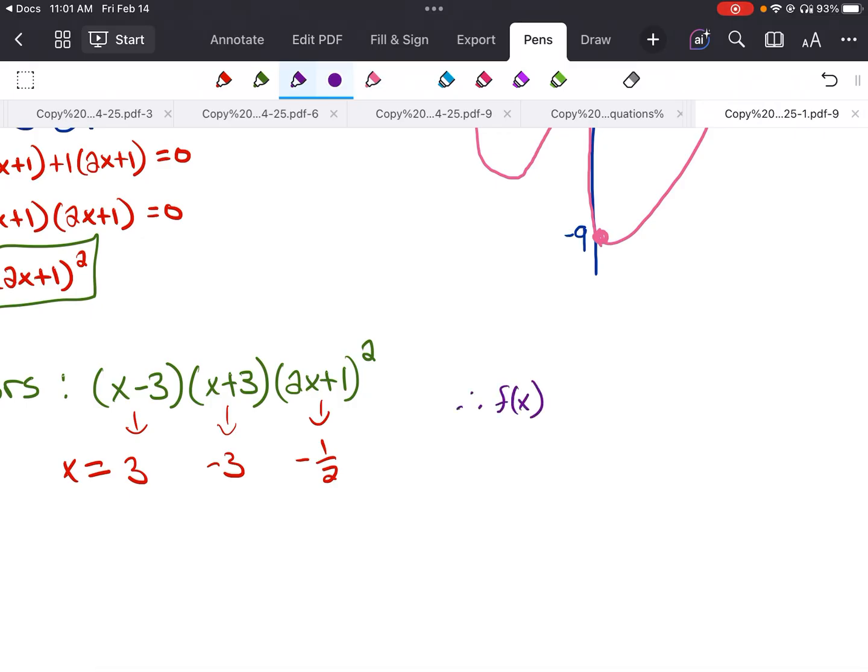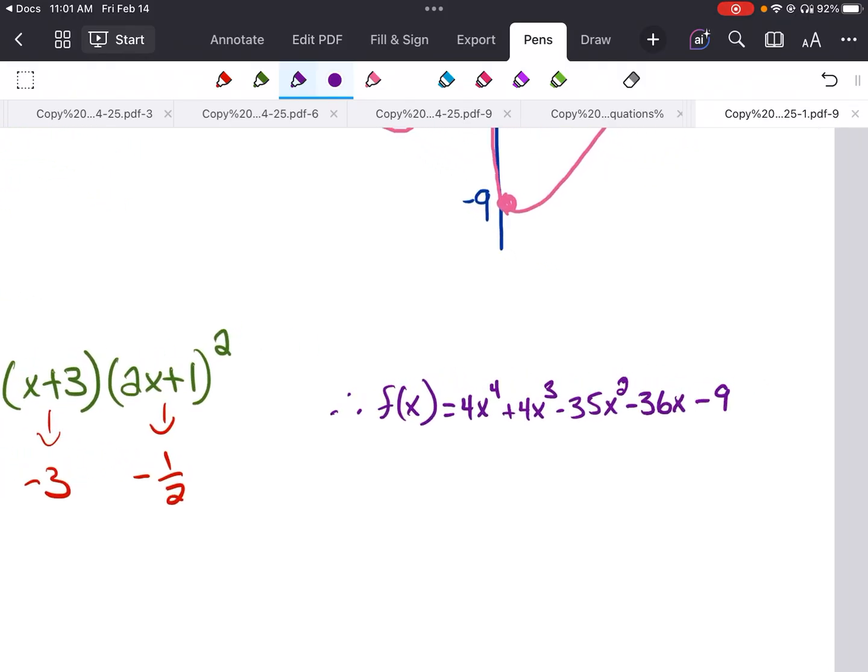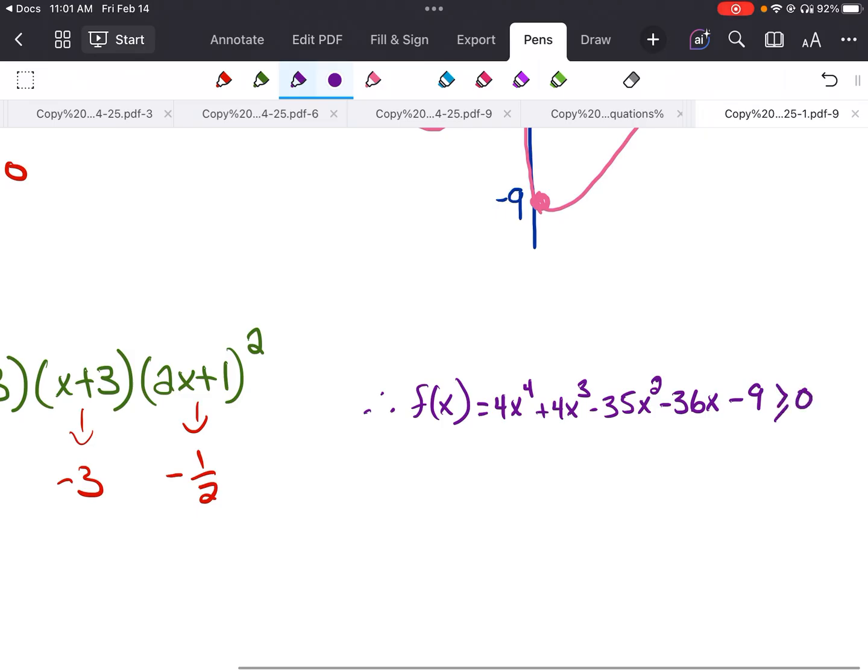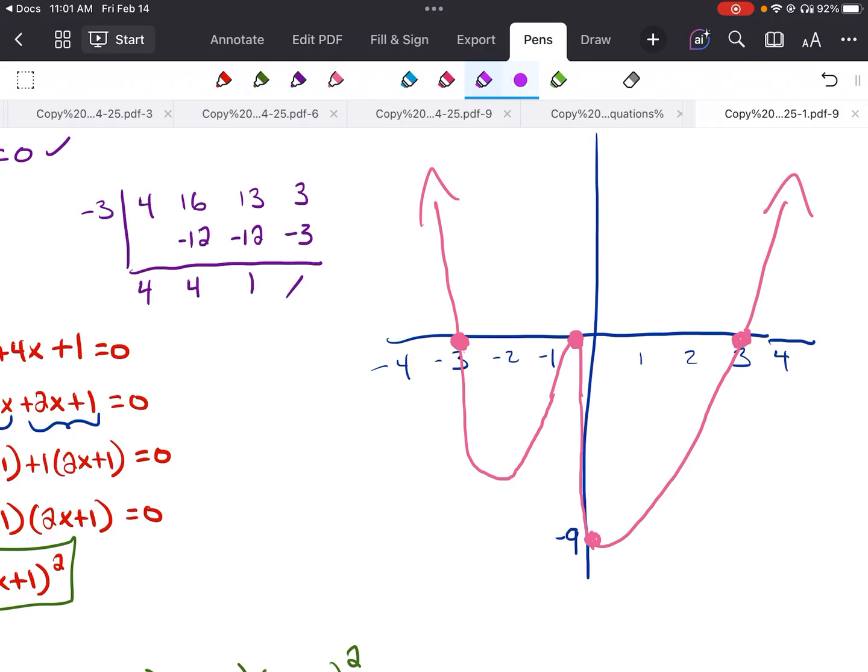Okay, so therefore, f of x equals 4x to the power 4 plus 4x to the power 3 minus 35x squared minus 36x minus 9 is greater than or equal to 0 when x is less than -3 and when x is greater than +3, right?